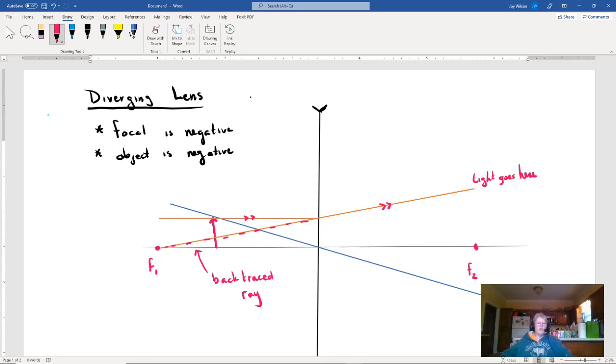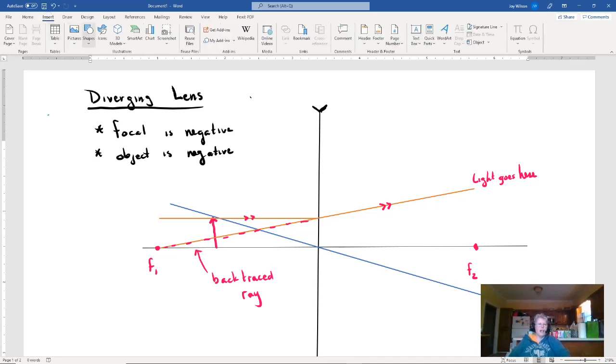Now, for the final ray, this one is a little interesting. The final ray is going to be sort of the same idea as the other, but we're going to aim at the focal point. I'm going to get a big line here. It's going to go from the tip through that focal point, the opposite side one.